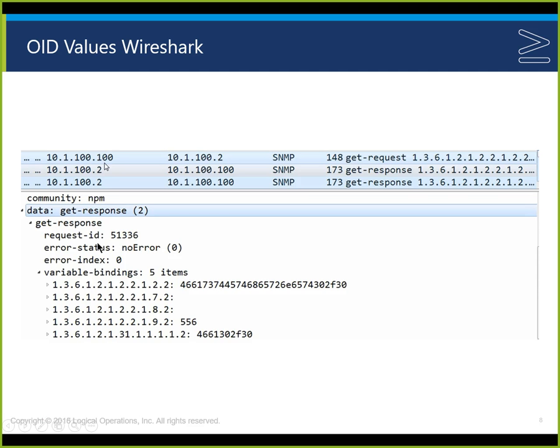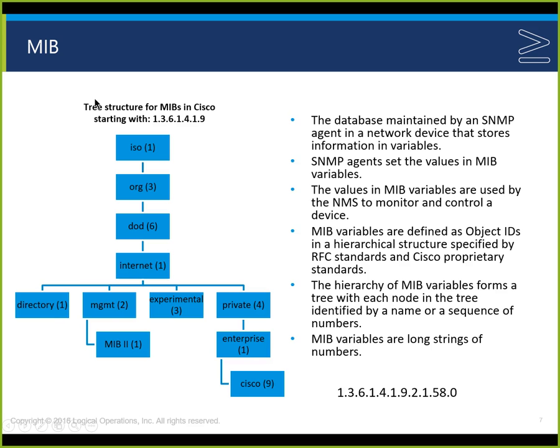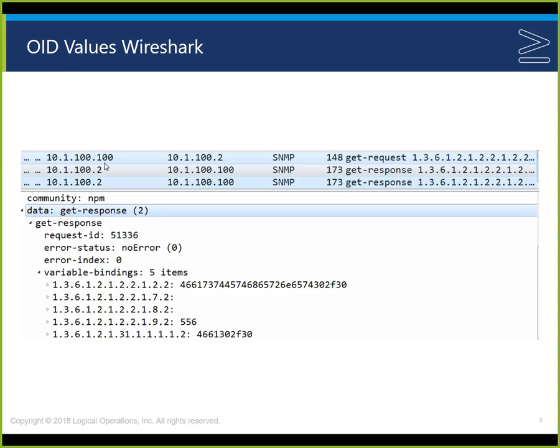If you did a Wireshark, and this is a Wireshark scan, I said OID, OID I think is what they are. This shows an SNMP get request and an SNMP response. We have these numbers, and these numbers represent different devices that are responding to the SNMP get request message.